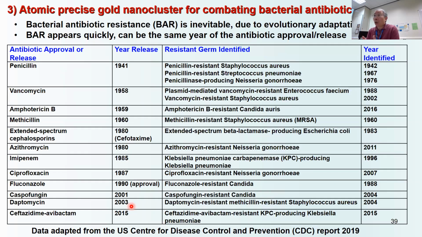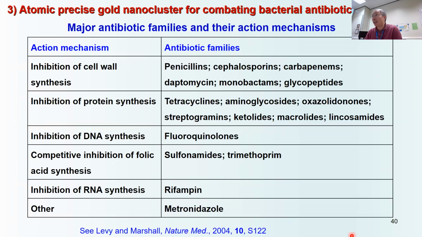Unfortunately, although antibiotics were very effective initially when introduced, bacterial resistance is really unavoidable, due to evolutionary adaptation, and it can appear very quickly. For example, penicillin was the first antibiotic introduced, in 1941, and the next year resistant bacteria had already been reported. Even for the latest antibiotics, in the same year resistant microbes were also reported.